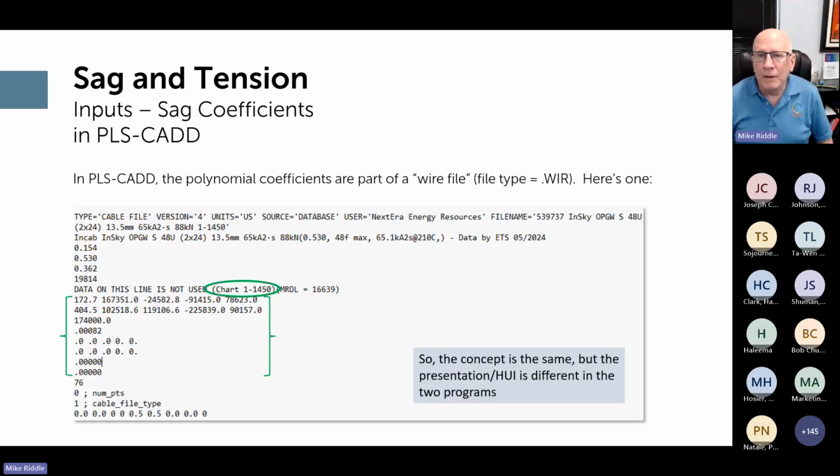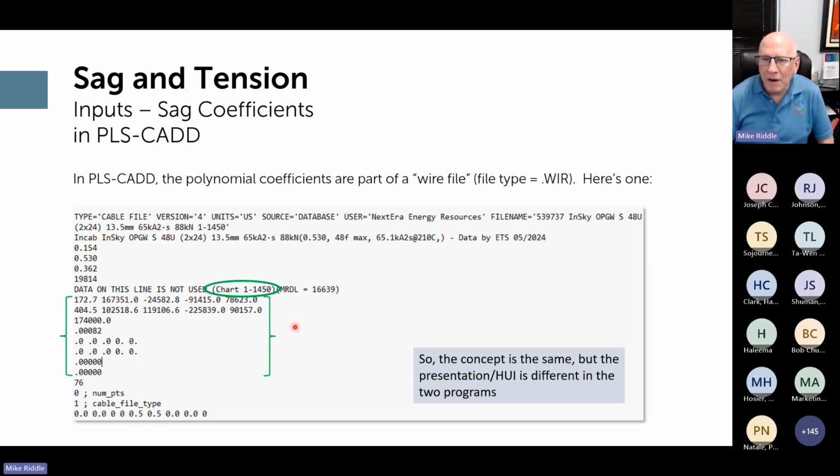So now PLS CAD looks different in part because they use what's called a wire file to set up the model that you're going to use to generate the data. And a wire file looks like this. It too is a text file, but then what you see buried in it is this chart reference, and then a bunch of coefficients.